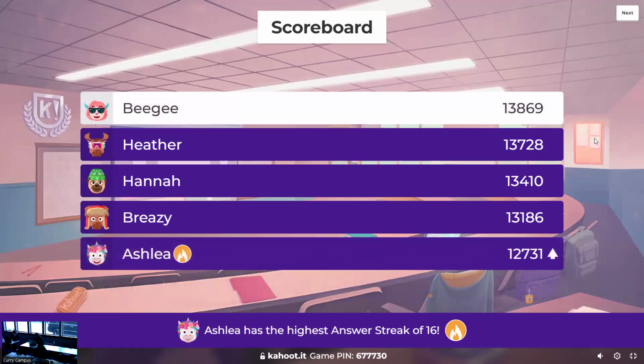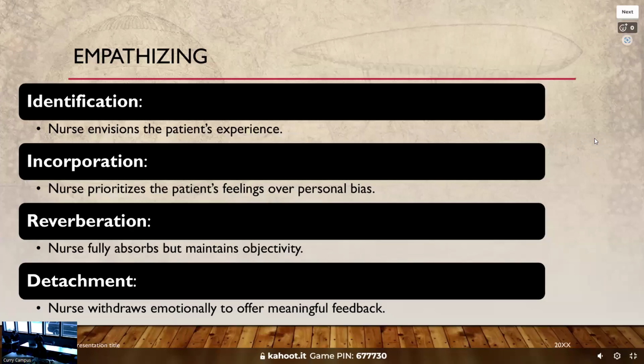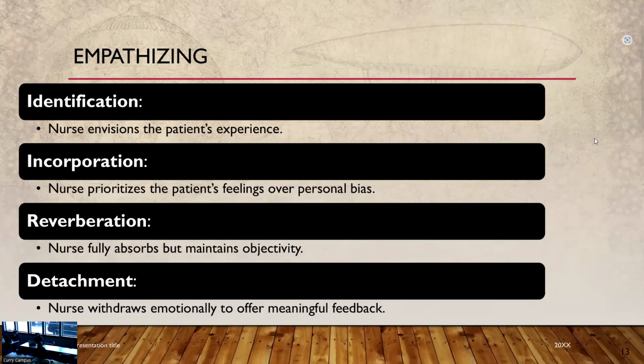That brings Ashley up. Okay. Empathizing. Basically, it's about the nurse envisioning the patient's experience without taking it personal. Incorporation, the nurse prioritizes the patient's feelings over her or his own personal bias.